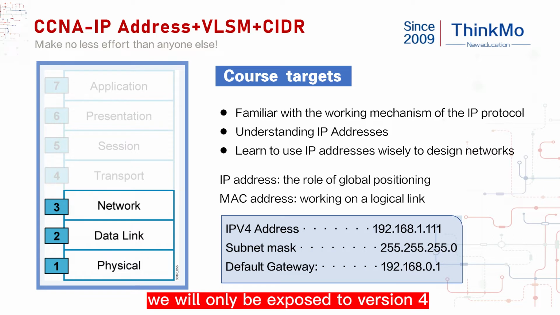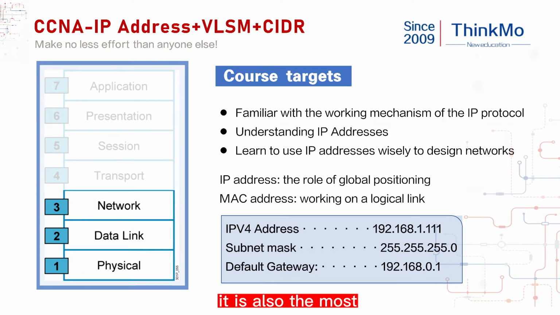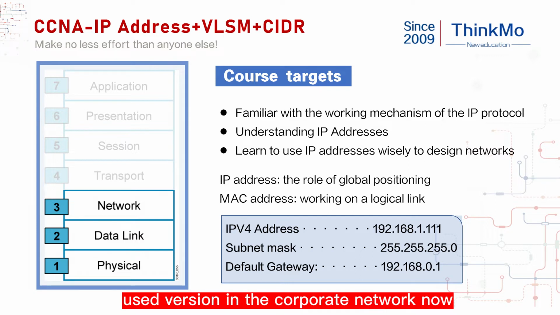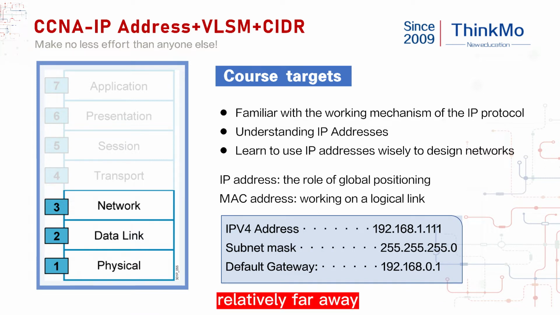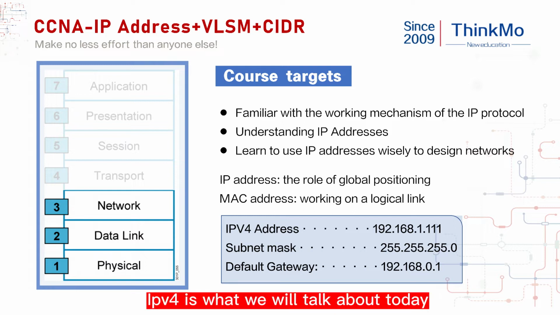We will only be exposed to version 4 during the NA phase. It is also the most used version in the corporate network now, because the migration to IPv6 is relatively far away. IPv4 is what we will talk about today.